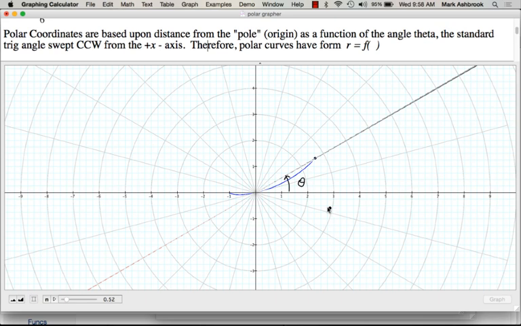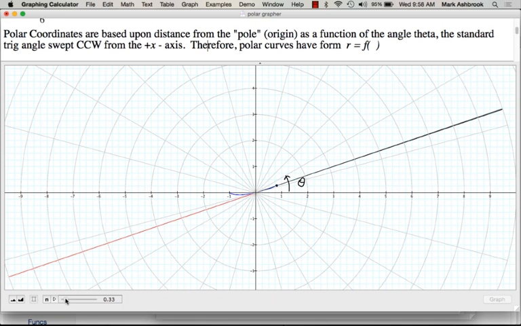Okay, so instead of using coordinates x and y, we use coordinates theta, which is our standard trig angle, swept counterclockwise from the positive x-axis. Okay.